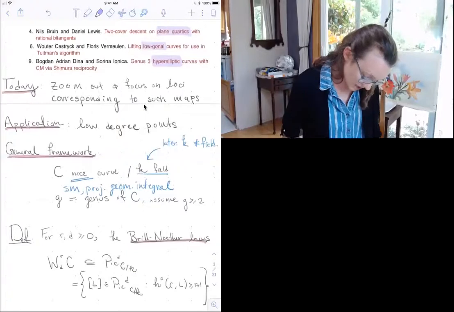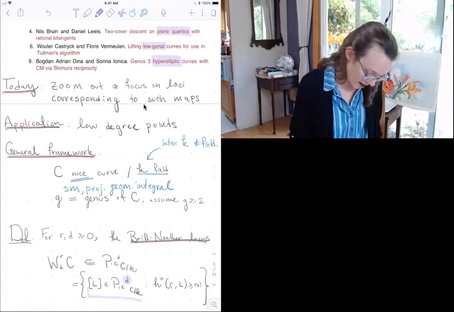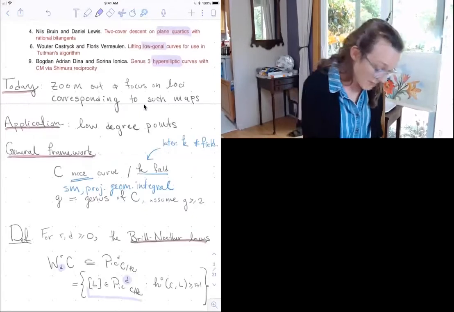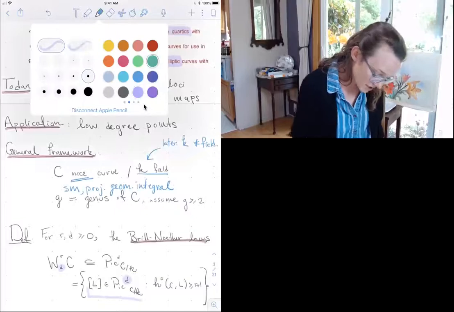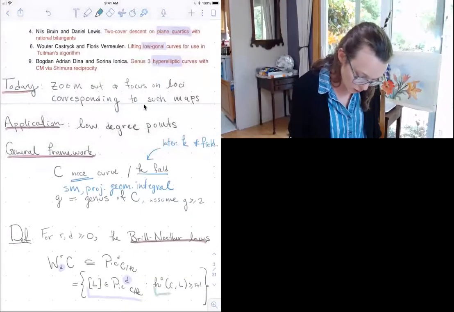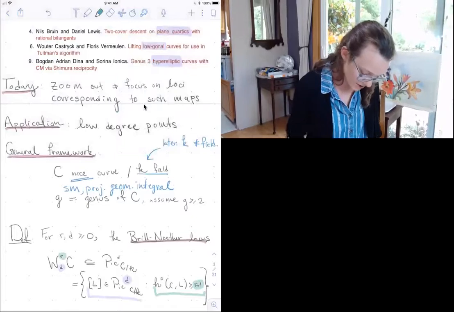And it's the set of line bundles of degree d, so that's that d there. And the condition on those line bundles is that their space of global sections has dimension at least r plus 1. So that's the r.